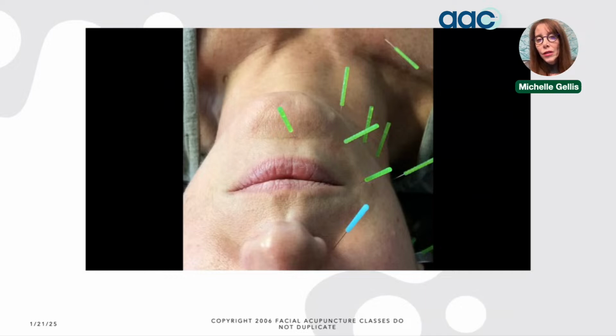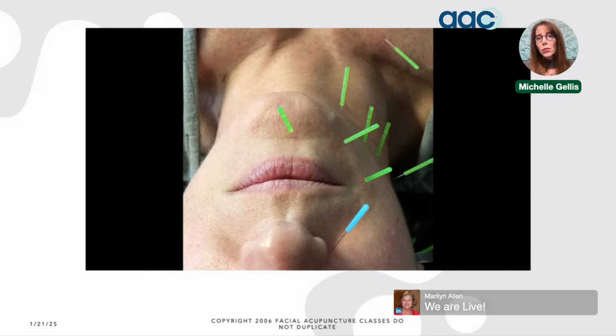Now this is a demonstration of what can happen when you needle a motor point properly. This is not the masseter or the temporalis, but it was a good display of what happens when you needle a motor point.